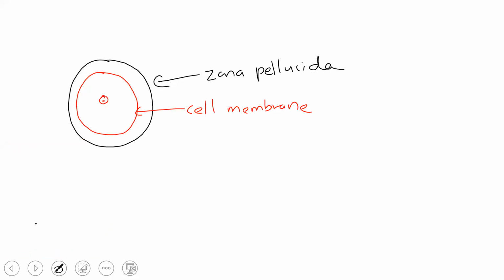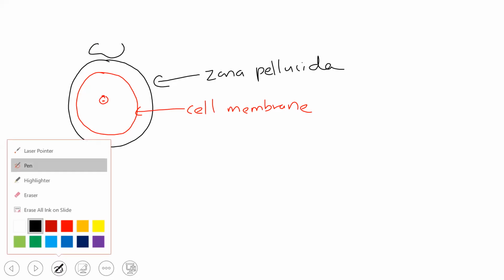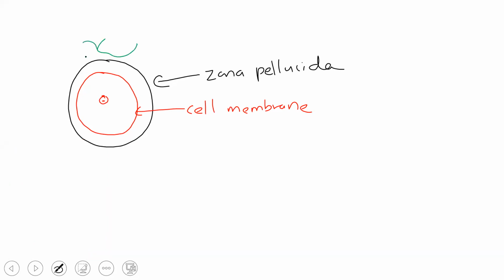On the outside of the zona pellucida, there will be corona radiata cells like this.